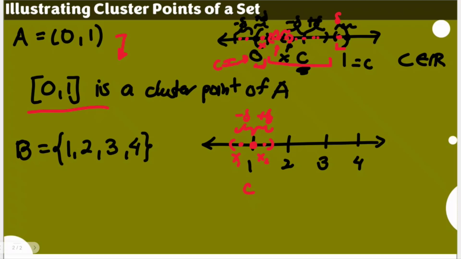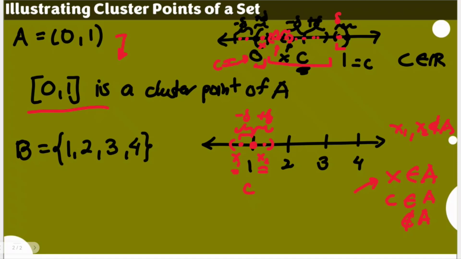However, strictly for our cluster point, our C must be an element of A. Even if X sub 1 and X sub 2 fit the idea that the distance from C is less than delta, they are non-elements of A, because the X that would fit the criteria must be an element of A. Our cluster point C may or may not be an element of A as long as it's a real number. However, it's very strict that X should be an element of A.